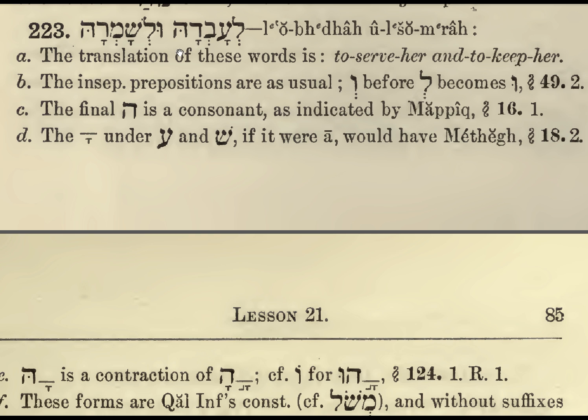Ulangobda uleshomra, and these of course are stressed syllables, and so they are ah and ah, so ob da shomra. Ah is a contraction of ah, and o is a contraction of this particular combination here.